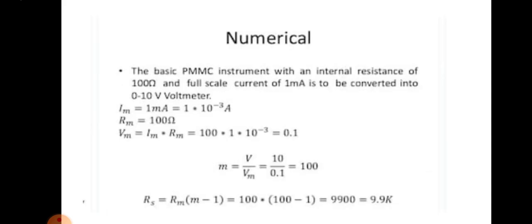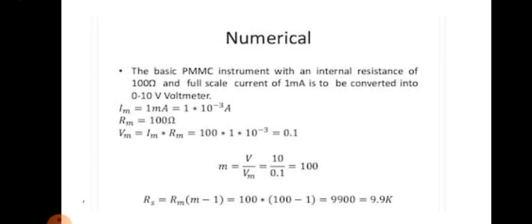We will see one example and then we will stop with this topic. The basic PMMC instrument with an internal resistance of 100 ohm and full scale current of 1 milliampere is to be converted into a 0 to 10 volt voltmeter. Im is equal to 1 milliampere, that is 1 into 10 raised to the power minus 3.